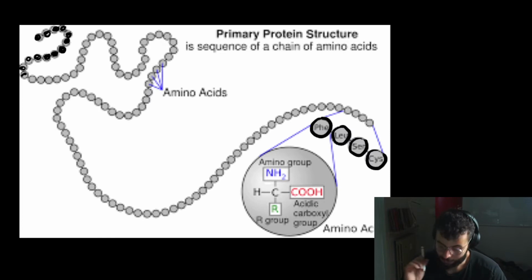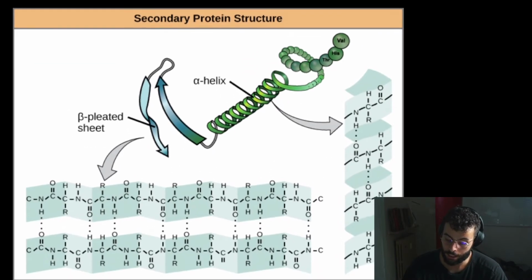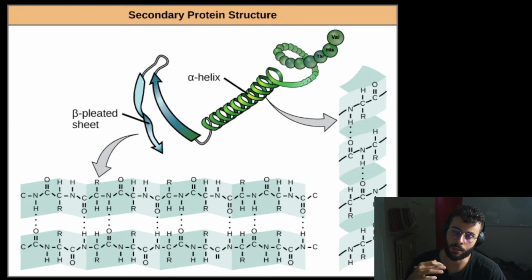Now the next step is the secondary protein structure. And this structure is starting to get a bit complicated. So again, do you remember that we talked in previous lessons about the intermolecular forces and how they interact with each other, and different molecules can form different shapes in space based on the intermolecular forces?